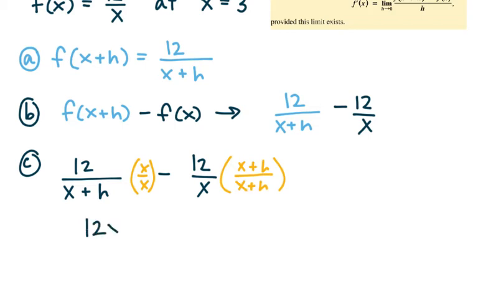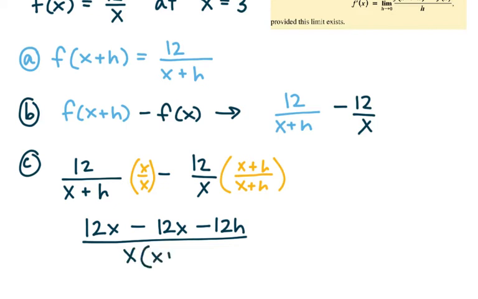I'm going to look at simplifying that. That gives me 12x minus 12x minus 12h. Notice I distributed minus 12 times x minus 12 times h, all over the quantity x times x plus h.